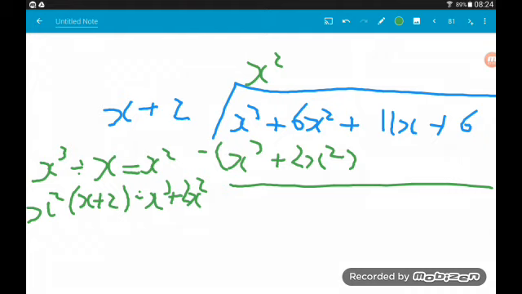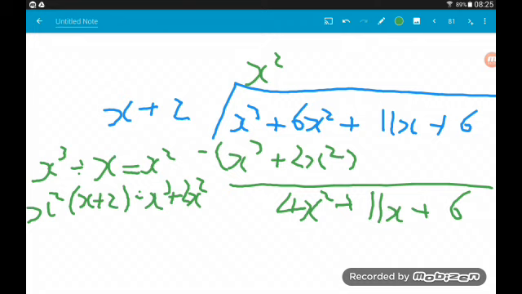Then we've got 6x squared minus 2x squared, which is going to leave us with 4x squared. And then the other two blue terms carry down. So we got 4x squared plus 11x plus 6. So that's one round of division complete.